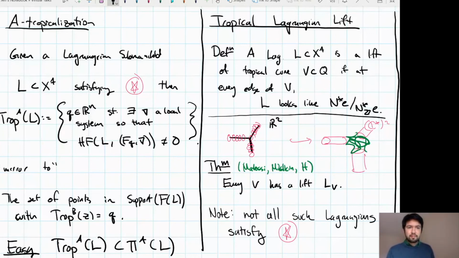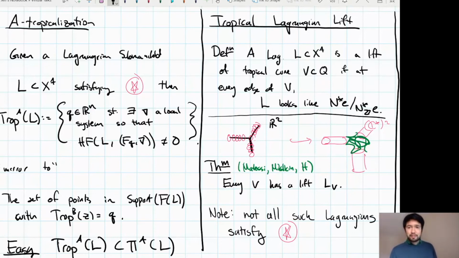If I start with some local model for how to build the lift, then because Lagrangian submanifolds are very flexible and very easy to glue together, you can build it for anything glued out of them. And since tropical curves are all built out of these very simple pieces, you can build out anything. In fact, Matessi, Mikhalkin, and myself in our papers prove that a much wider variety of tropical objects can be lifted up. Any tropical subvariety which is a complete intersection, or every tropical hypersurface, or various classes of tropical objects, all have Lagrangian lifts.